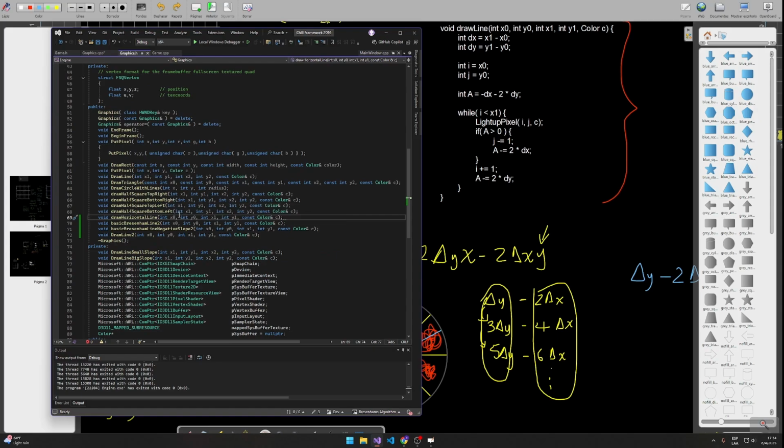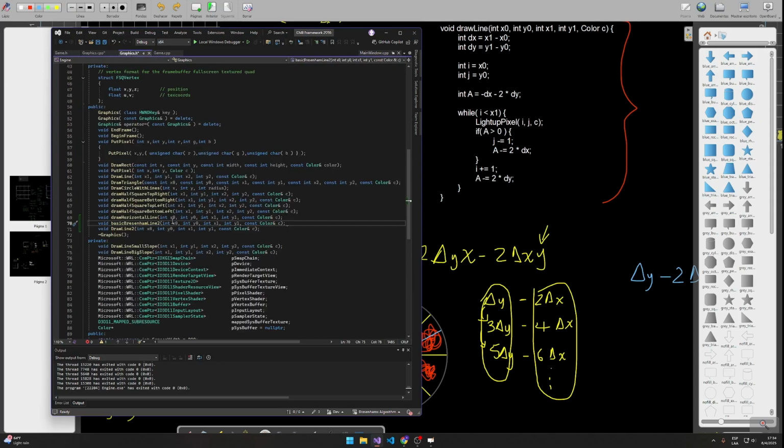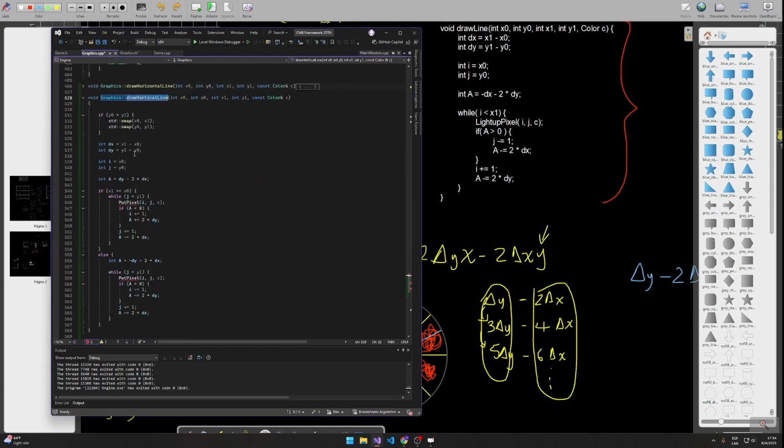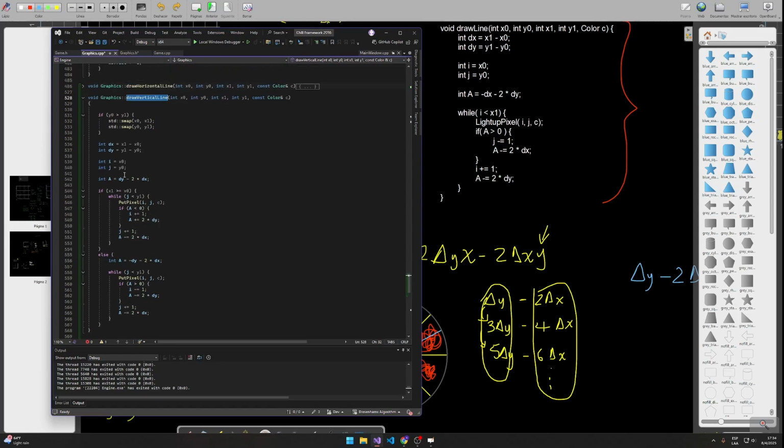So now we can just get rid of this, and when this starts to complain, now we can rename these to draw vertical line, and let's change the name again here, and let's make sure everything is okay. Okay, if this is positive, I think it's okay.